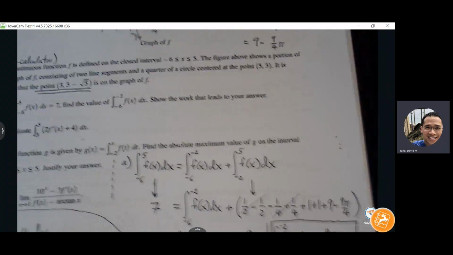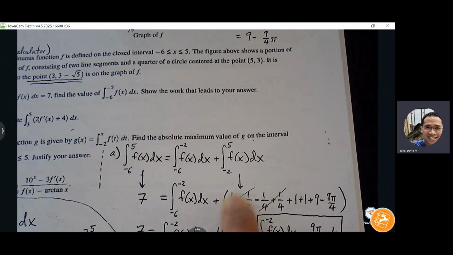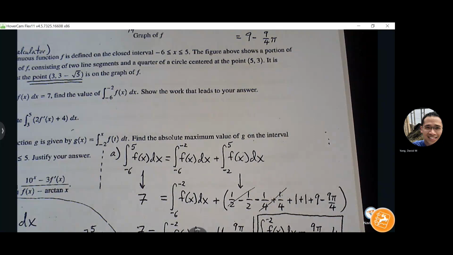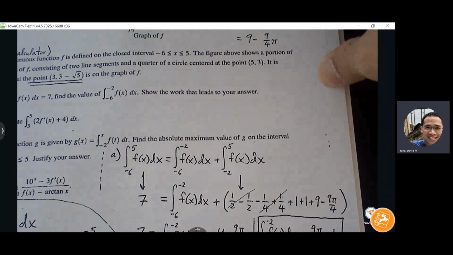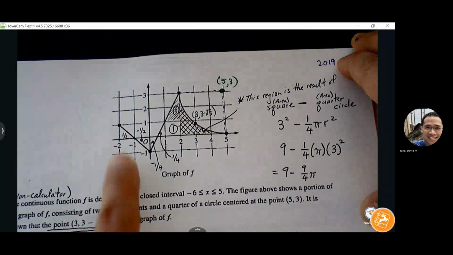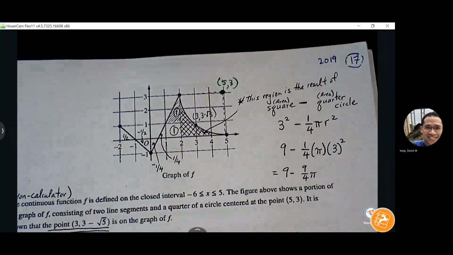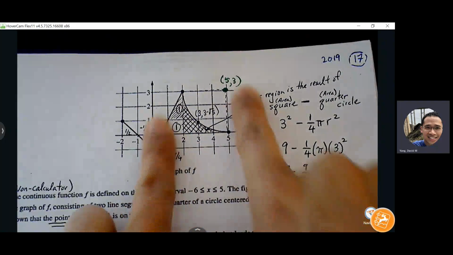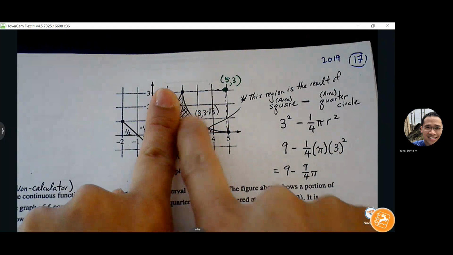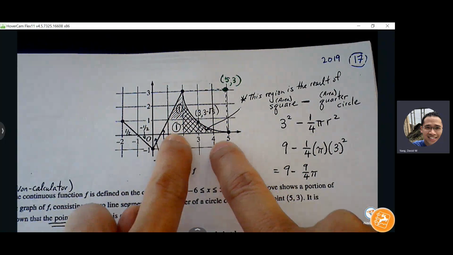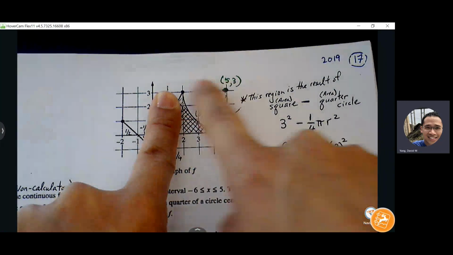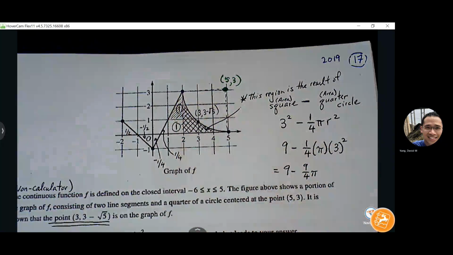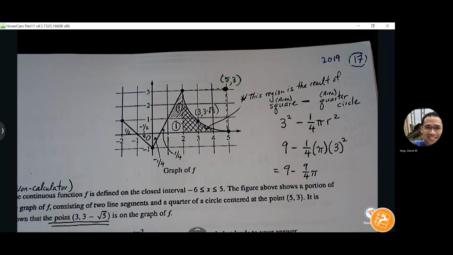So the work that we have to do is trying to figure out that area from -2 to 5. So let's go to our graph here. From -2 to 5, you got a combination of triangles and this region. That region is not a geometric shape, but we can find that area using the difference of two shapes.